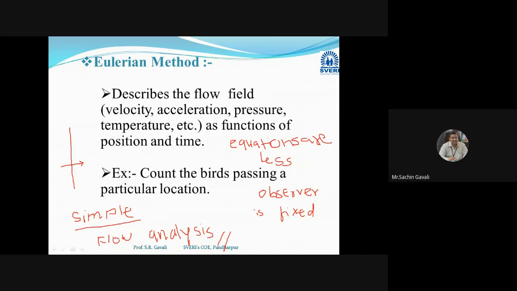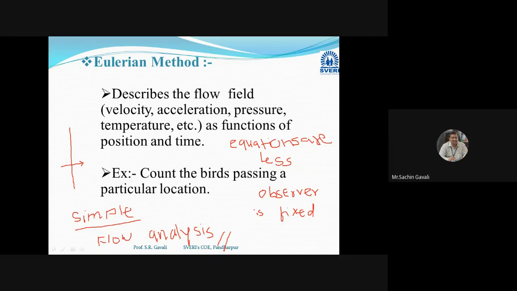Okay, good. So now everybody has to remember that henceforth we are going to use the Eulerian method, in which the observer is fixed. Many times in examinations they are going to ask MCQs also: in the Eulerian method, the observer is fixed, moving, none of these, or both of these.